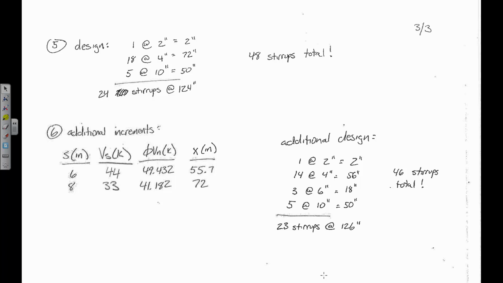We wouldn't have any stirrups in there at all. So really the only way that we can improve this, I would say easily, is to use 6-inch spacing. And so the way that our layout would change is we would use 4-inch spacing until x equals 55.7, then use 6-inch spacing until x is 72, and then use 10-inch spacing until x is 119.4.